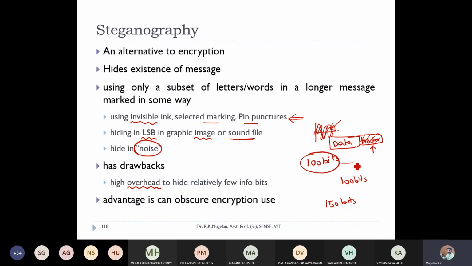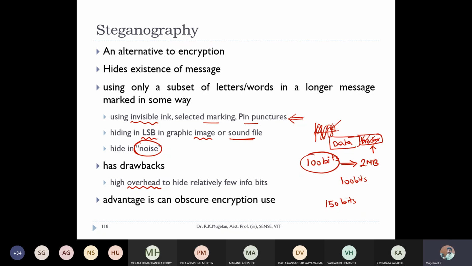To transmit these 100 bits, I need to send at least a 2 MB image. A sound file sometimes goes to 10 MB, like MP3 kind of things, right? So your valid data will be in terms of 100 bits, whereas your overhead will run in terms of MBs. This is a major drawback in steganography.